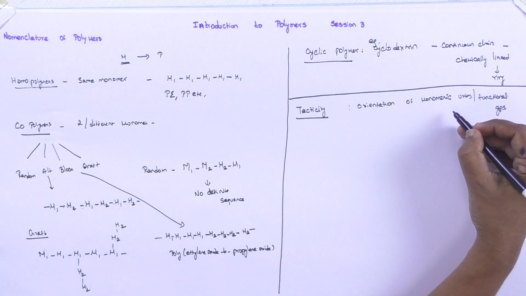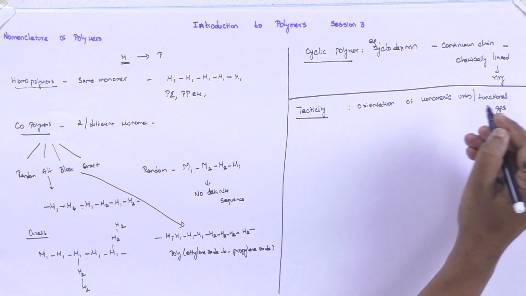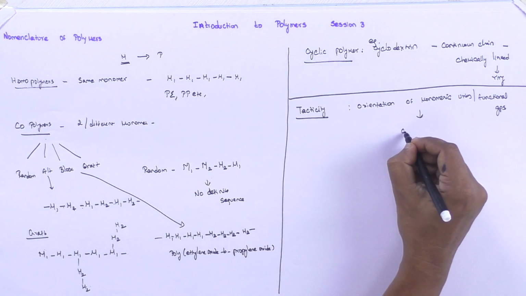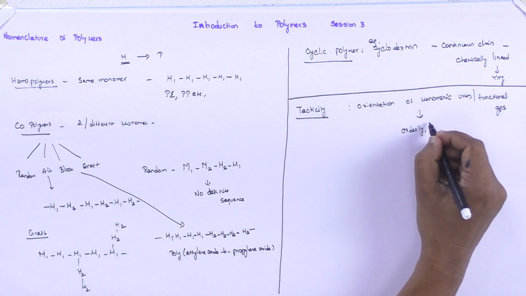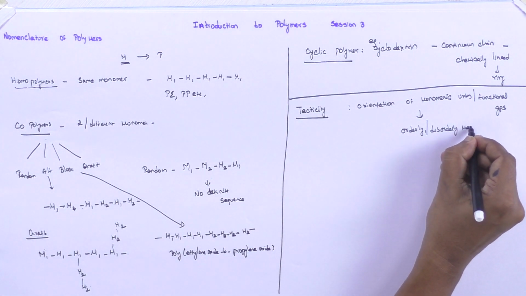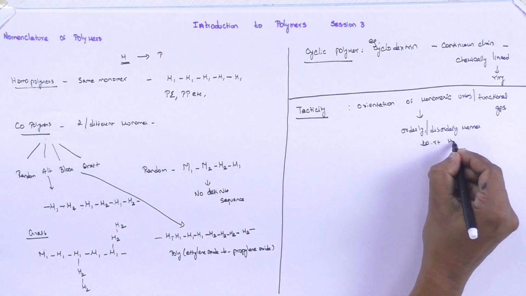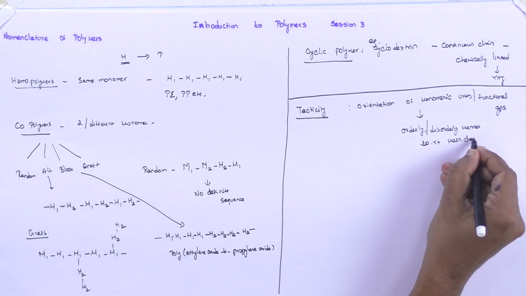The orientation of the monomeric units or the functional groups may take place in an orderly or a disorderly manner with respect to the main chain.